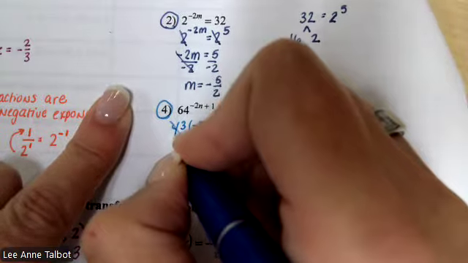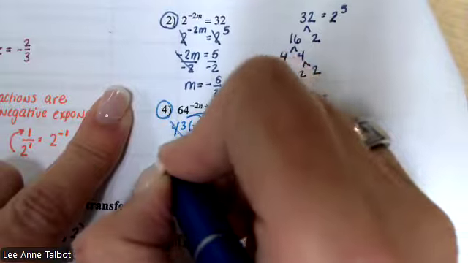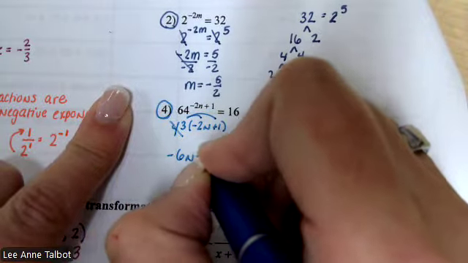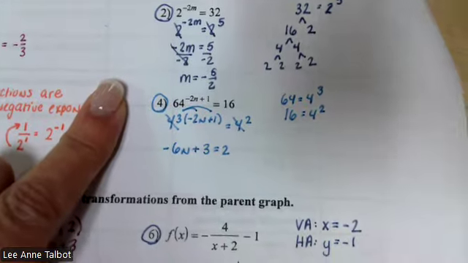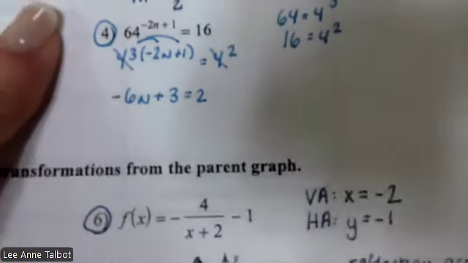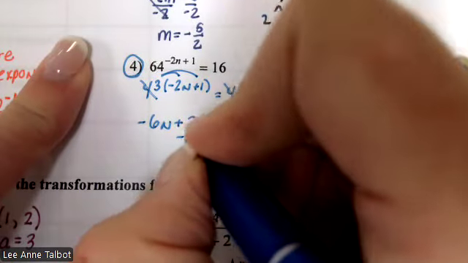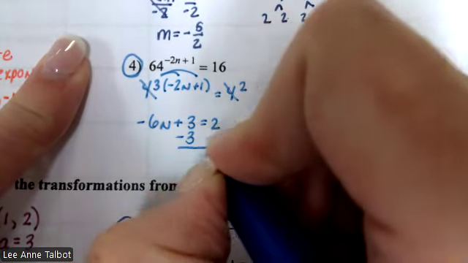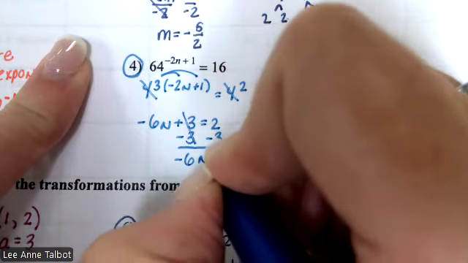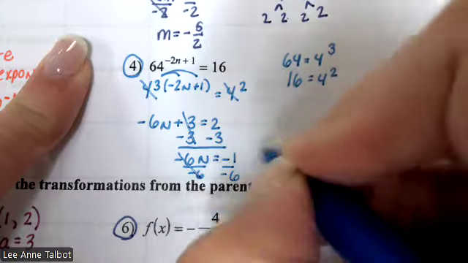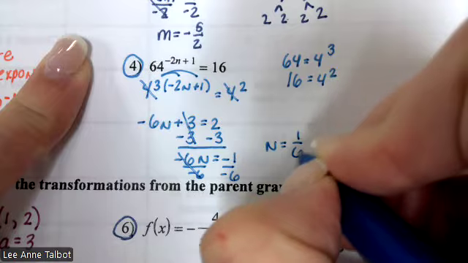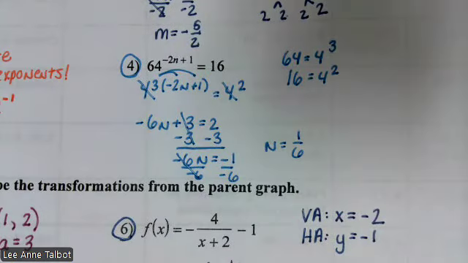Cancel, cancel. Distribute. Negative divided by negative is positive.